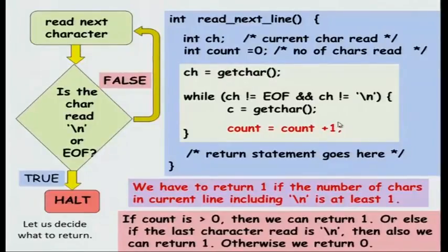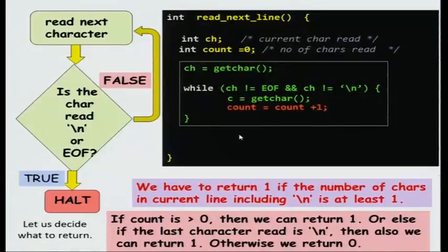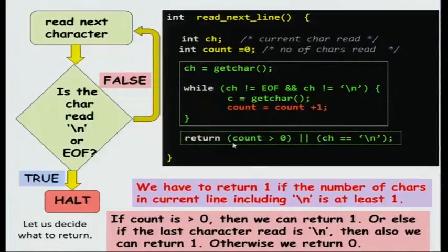If the last character was end of file without having any other characters, then we return a 0. So, how do we do that? We can check whether at least a character has been read by just checking the value of count. If count is greater than 0, then at least one character has been entered.